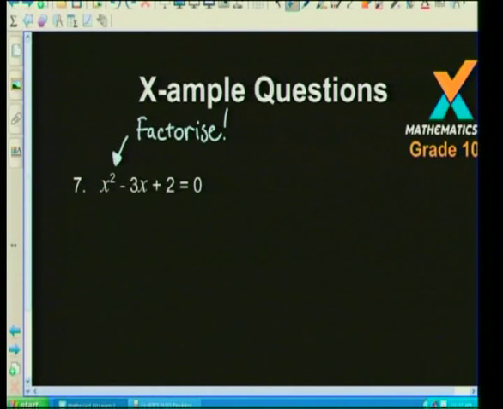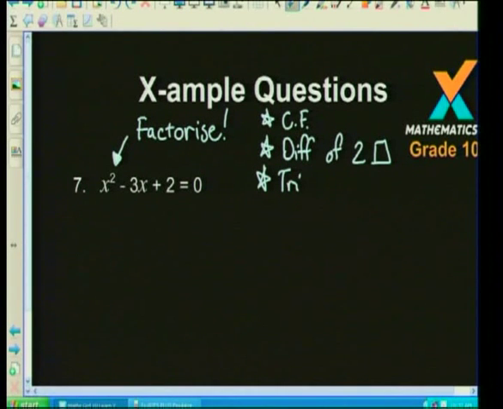What were those 4 different skills you could use to factorize? There was finding a common factor. There was a difference of 2 squares. There was a trinomial. And lastly, there was a sum or difference of 2 cubes.